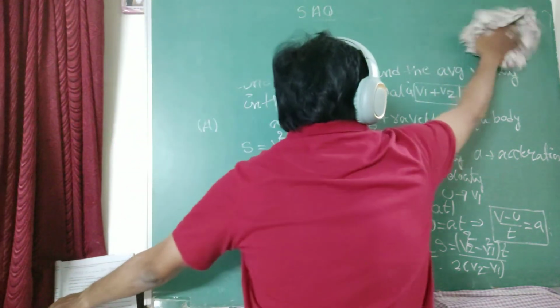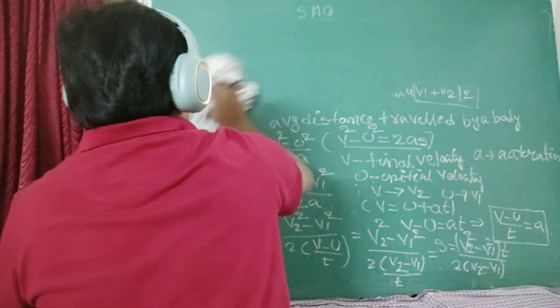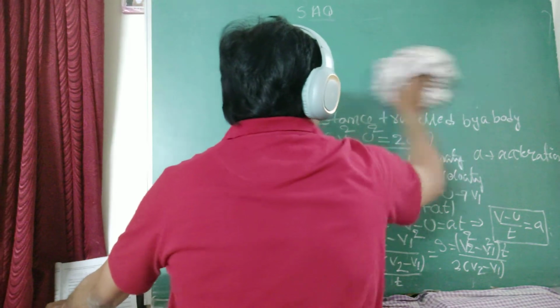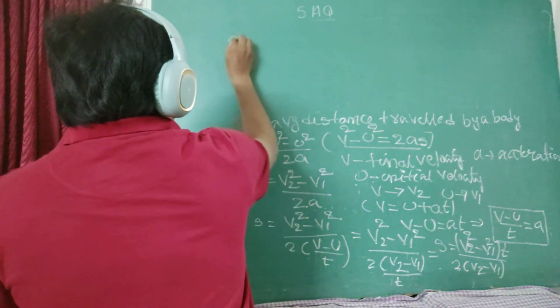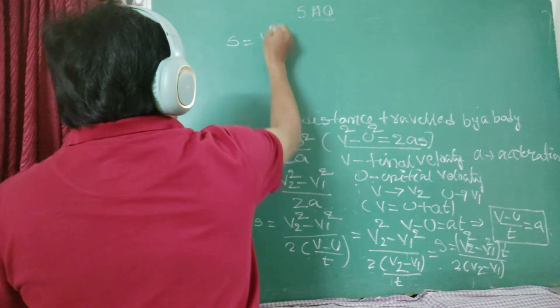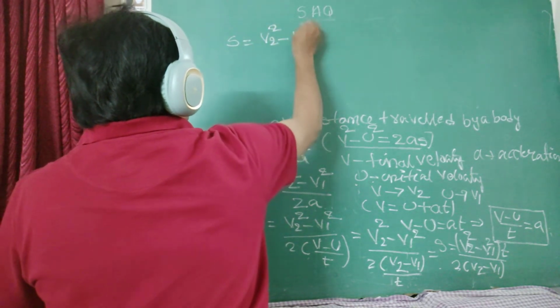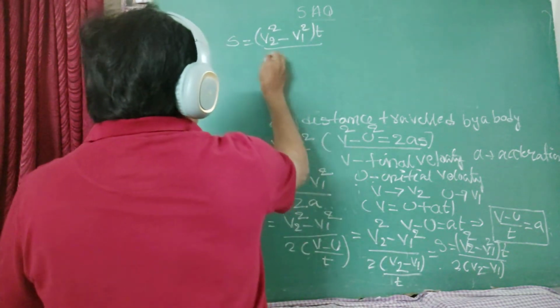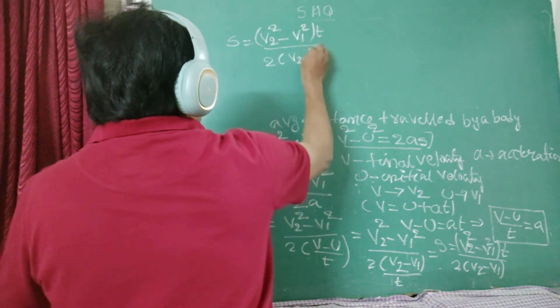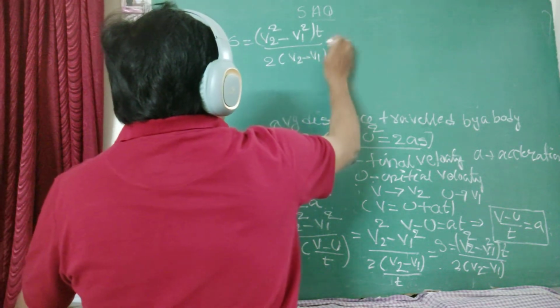I'll do that remaining part at the top on the board because it is visible to you clearly. I'll repeat the same step once again. That means s equals v2 square minus v1 square into t divided by 2 into v2 minus v1. We observed it is very clear.